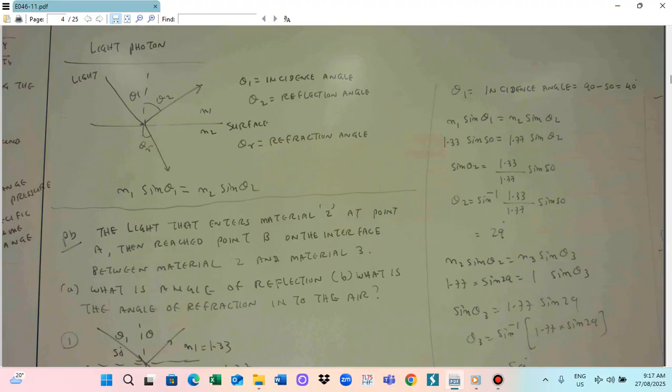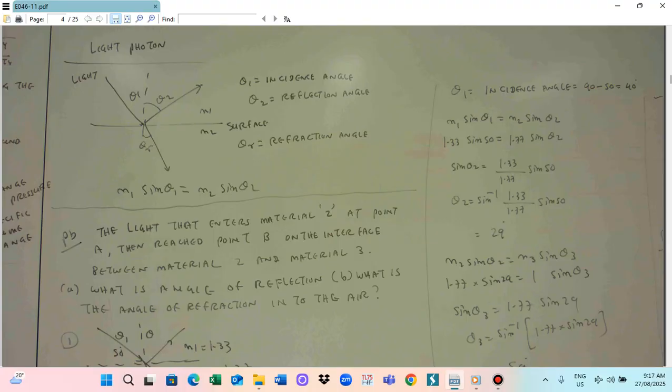So theta 1, theta 2, and theta R are for the light photon. When the light passes through the region, some of it is reflected and some goes through the region. So we can write down here the N1 region and the N2 region.